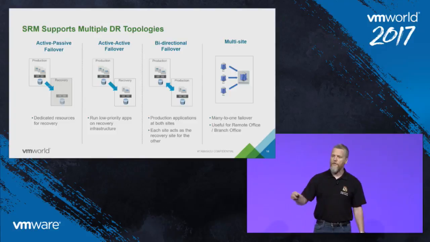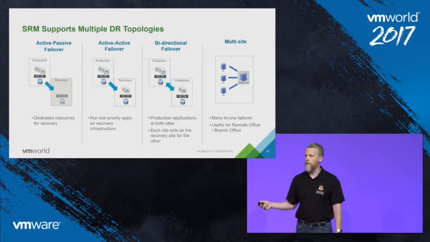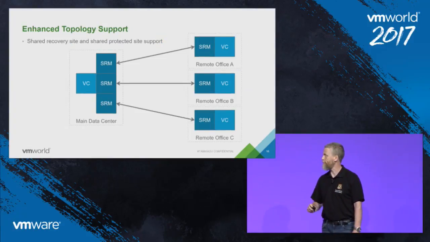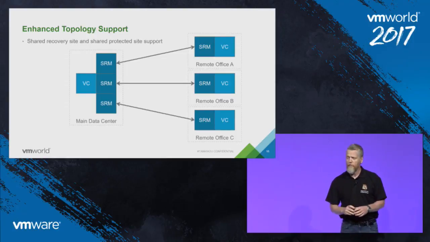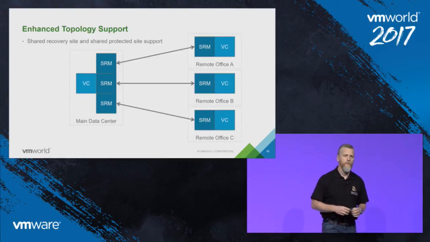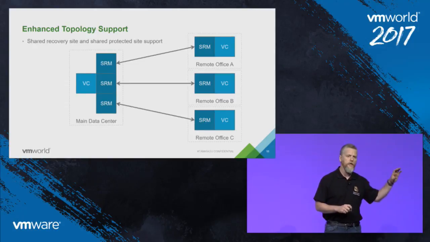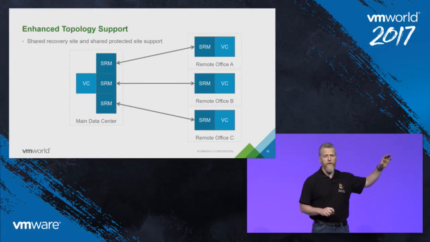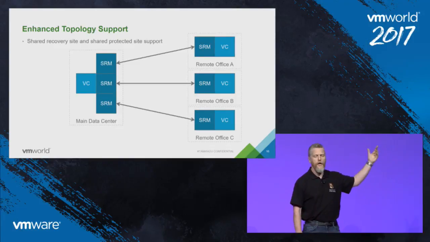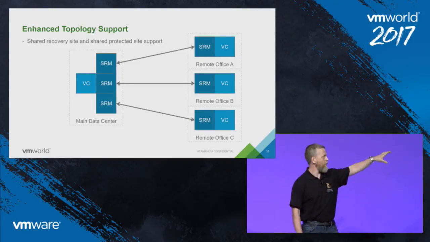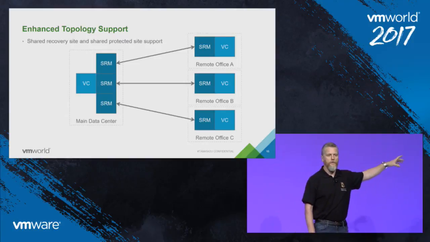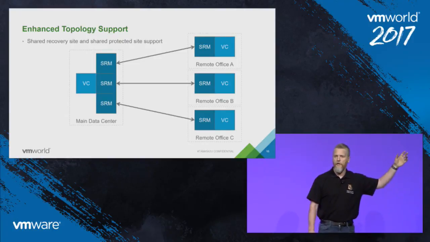And then multi-site. SRM supports a lot of different multi-site configurations, and we'll talk about those in just a second. So the first multi-site configuration that we'll talk about is a shared recovery, or this could even be a shared failure site. Shared recovery would be where we're utilizing the main data center to protect all of your remote sites.